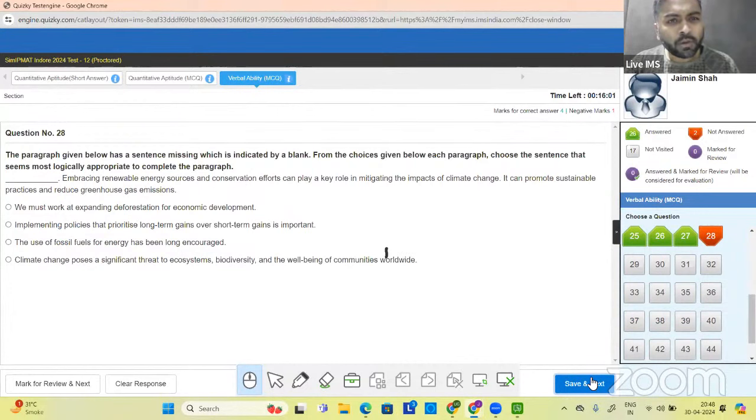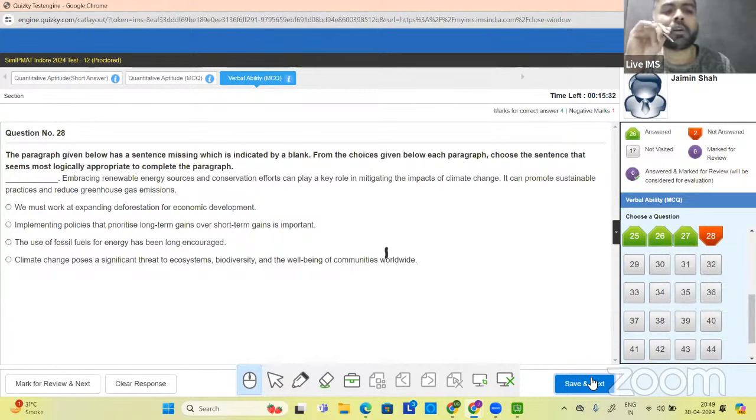Embracing new renewable energy sources and conservation efforts can play a key role in mitigating the impact of climate change. It can promote sustainable practices and reduce greenhouse emissions. We must work at expanding deforestation for economic development, no. Implementing policies that prioritize long-term gains over short-term gains is important.